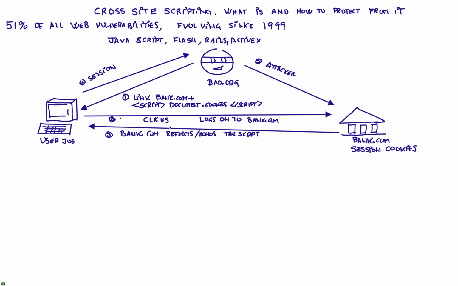Notice that the bank is not vulnerable to cross-site scripting per se. The script doesn't get invoked at the bank, but the fact that it's reflected and then run from the browser on the bank is what makes this attack possible. But nevertheless, bank.com should protect themselves from that type of vulnerability.